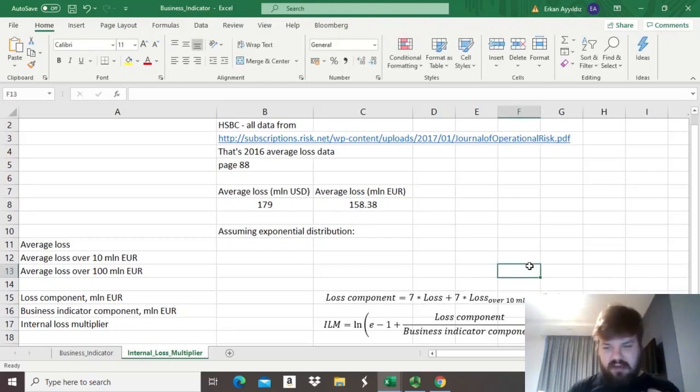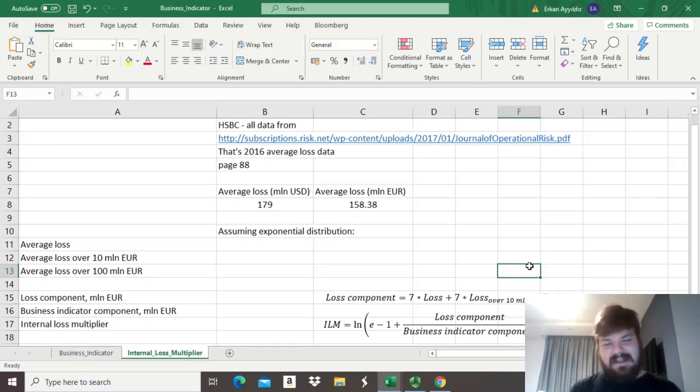So those are the thresholds we are interested in. And it's hard to get such disaggregated data on operational risk losses. What we can do, though, to avoid this issue of not getting enough disaggregated data, is to assume some distribution function of losses due to operational risk events.